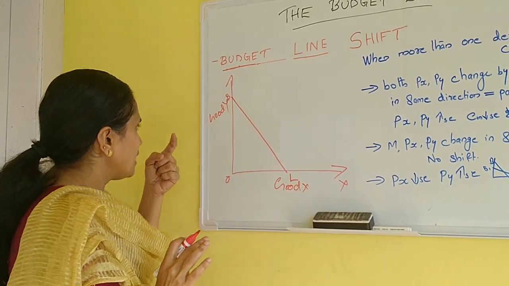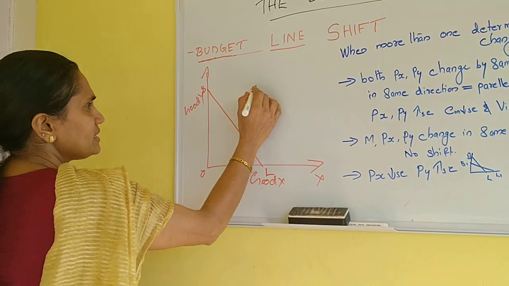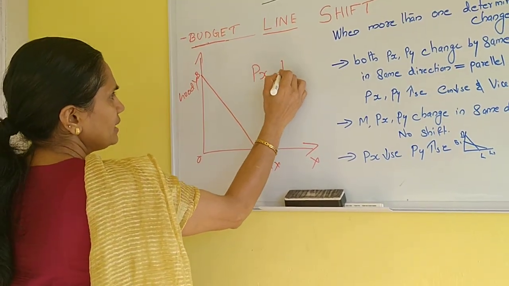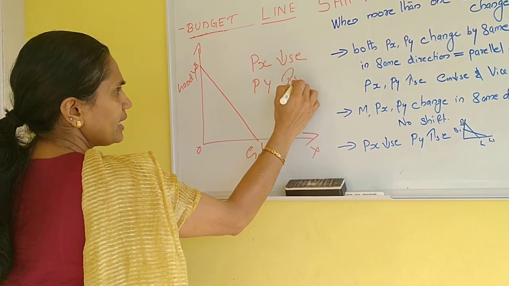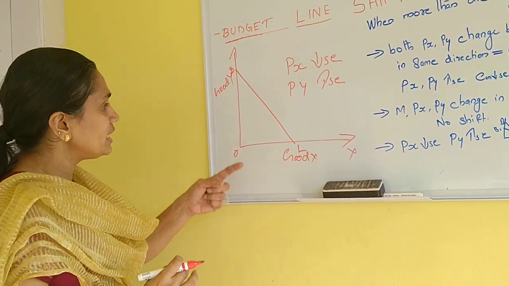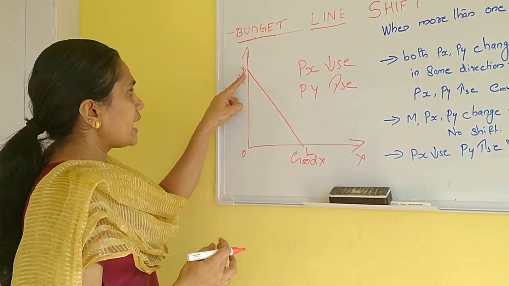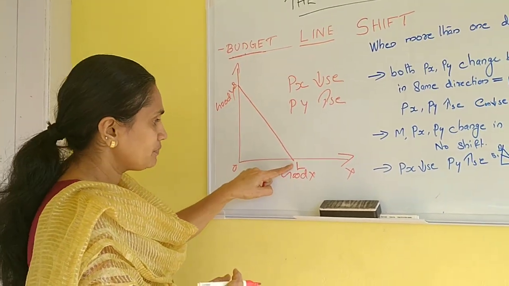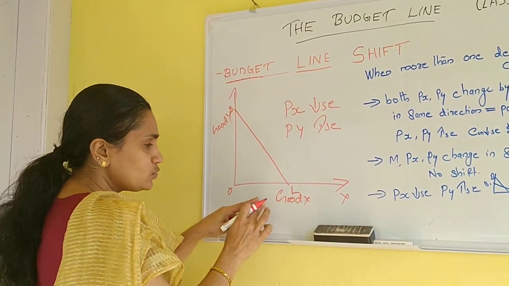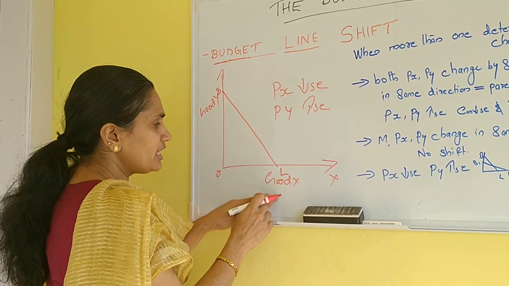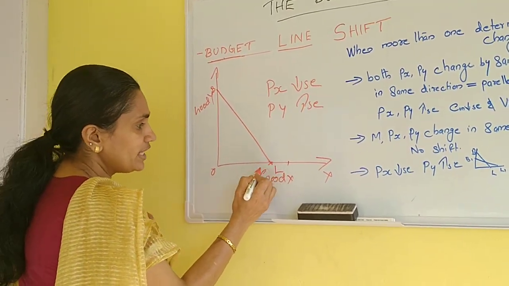In this case we need to think about what happens when the price of X decreases and the price of Y increases. What about the shift of the budget line? This is the actual budget line BL. When the price of good X decreases, the consumer is able to consume more than at the previous points.